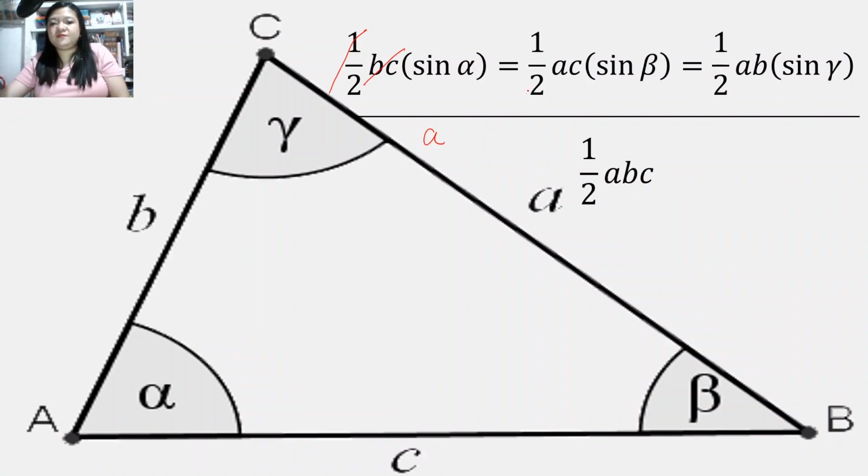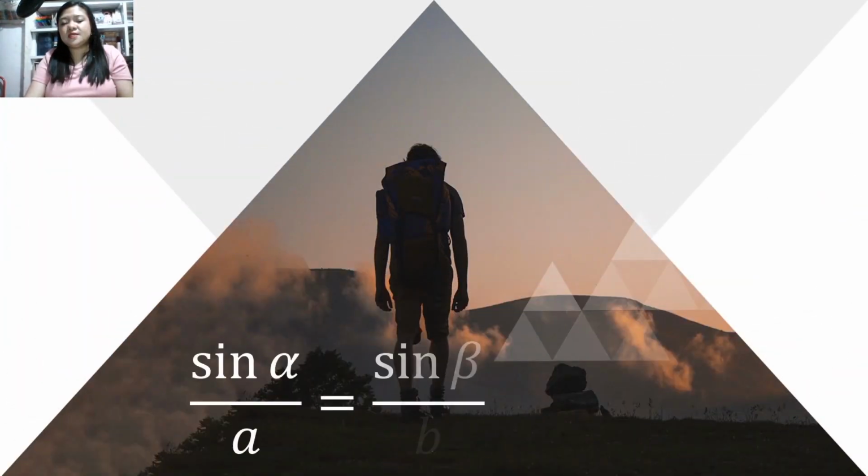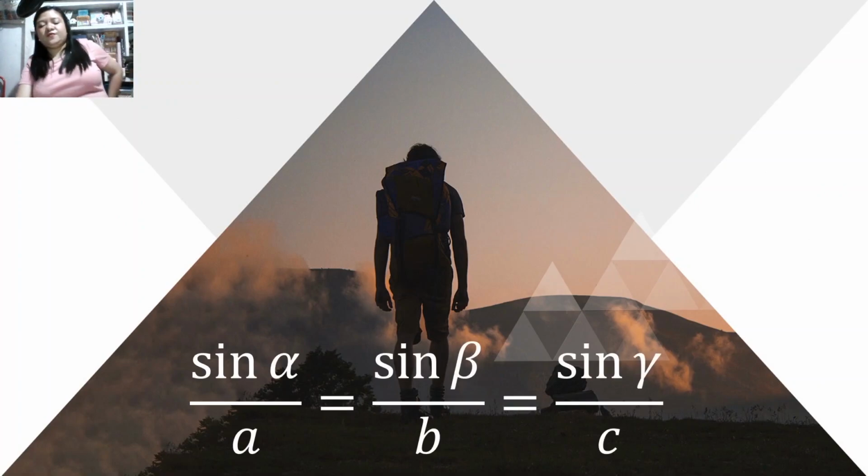Then here we can also divide out 1/2. When we divide out AC, this will leave us with B. And here, when we divide out AB, this will leave us with C. Giving us sine alpha over A is equal to sine beta over B, which is also equal to sine gamma over C, which is also known as our law of sines.